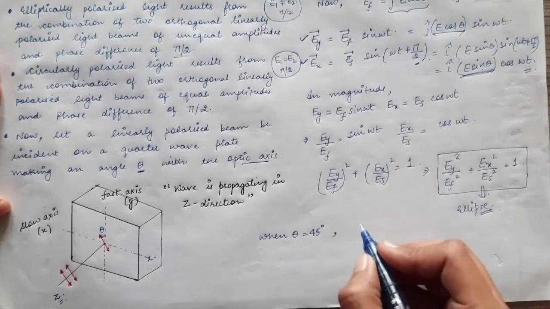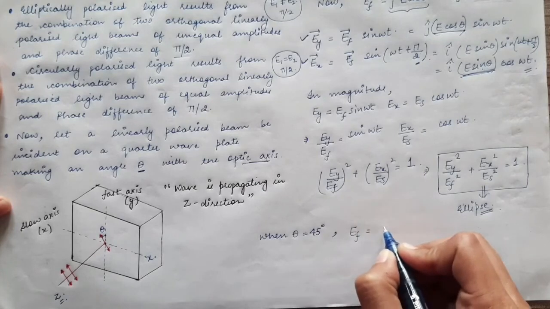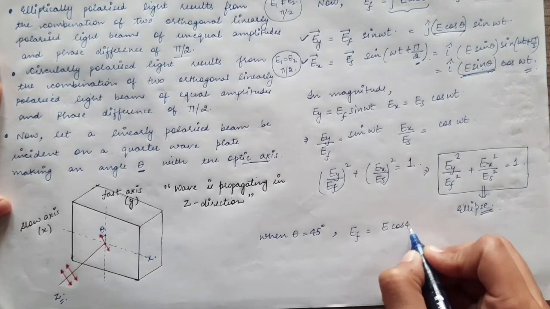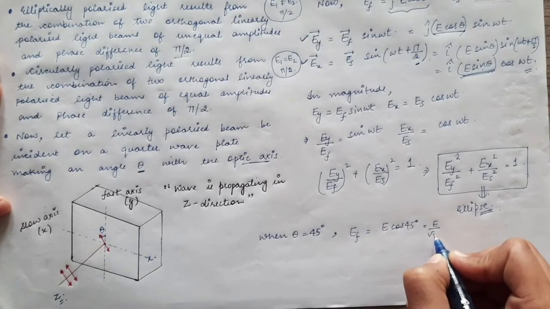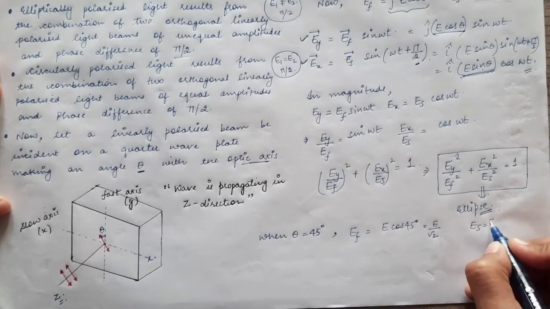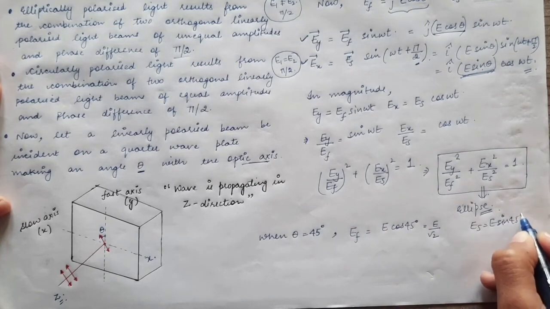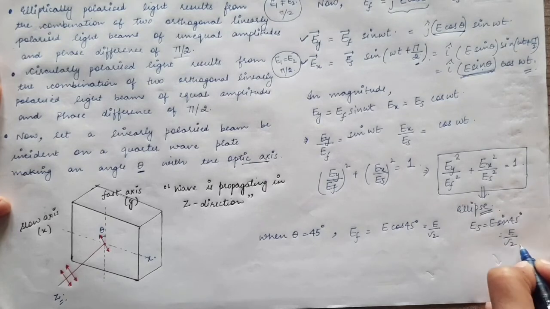So when theta is equal to 45 degrees, EF will be equal to E cos 45 degrees, and that will be equal to E divided by root 2, and ES will be equal to E sine 45 degrees, and that is also equal to E divided by root 2.